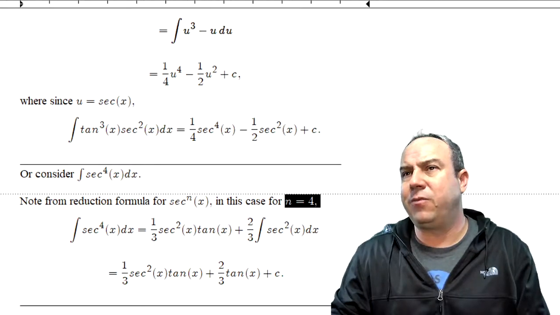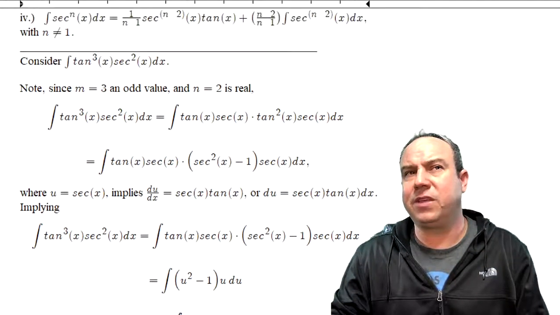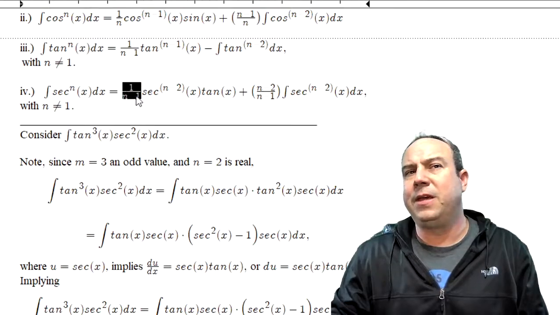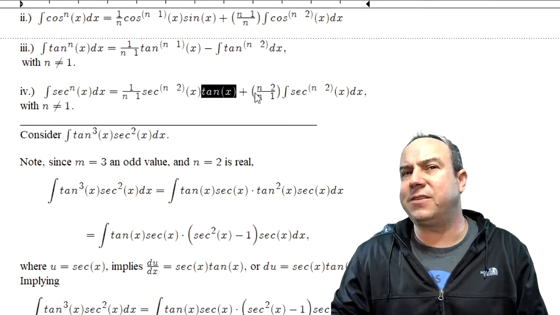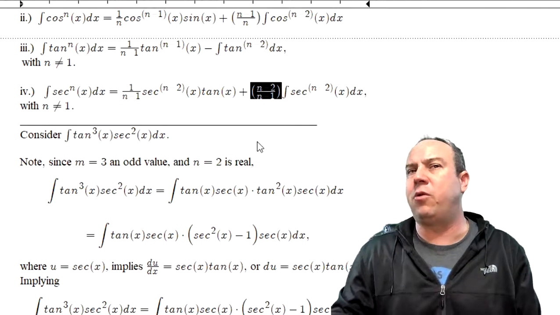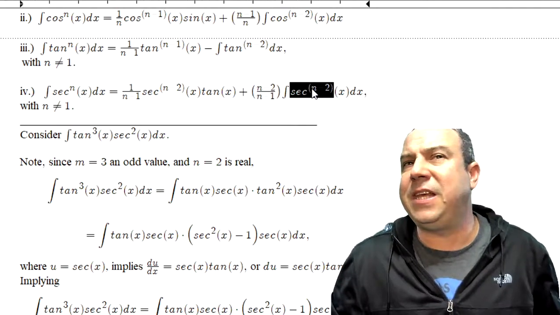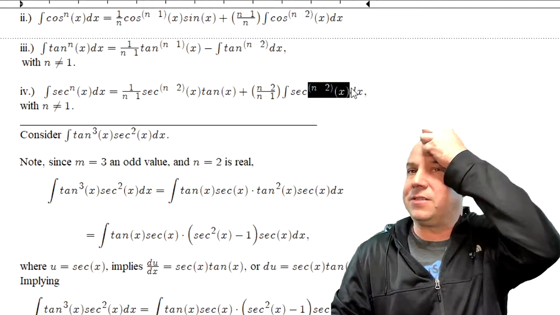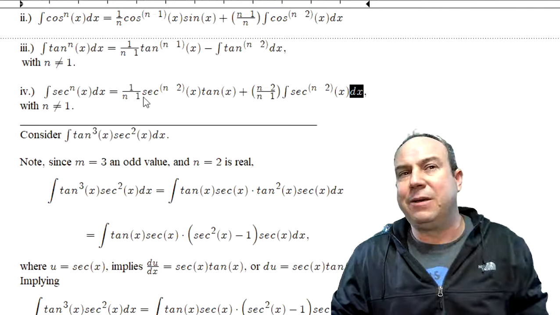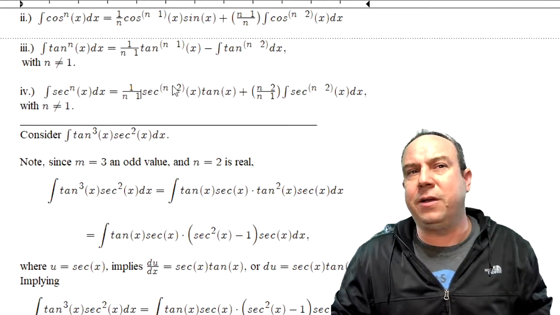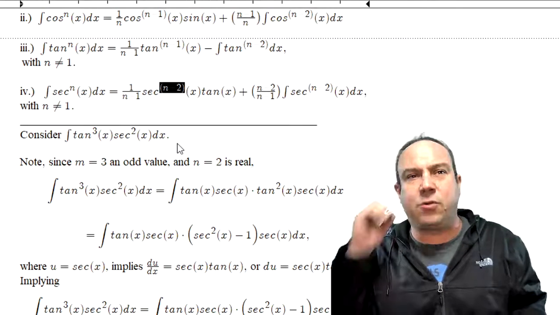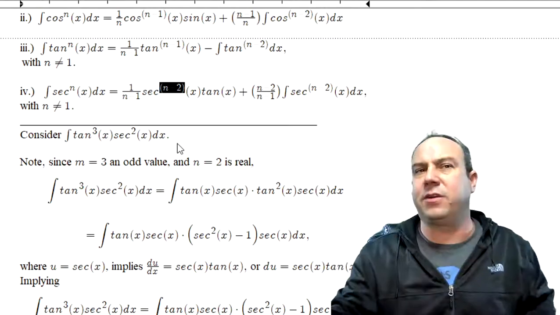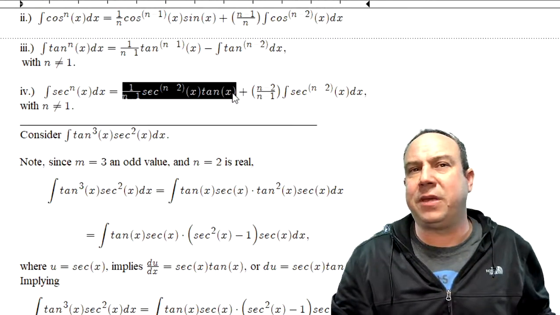If we go up to that formula for the case of n equal to 4, it is 1 over 4 minus 1, the secant of 4 minus 2 of x, tangent of x, plus 4 minus 2 over 4 minus 1, integral of secant raised to the power of 4 minus 2 of x dx. Plugging in 4 here makes 1/3. Plugging in 4 here makes the secant squared of x. So we have 1/3 secant squared of x tangent of x developed here.